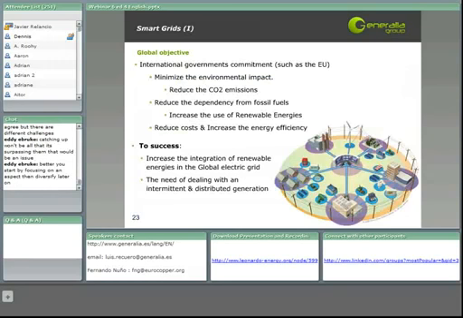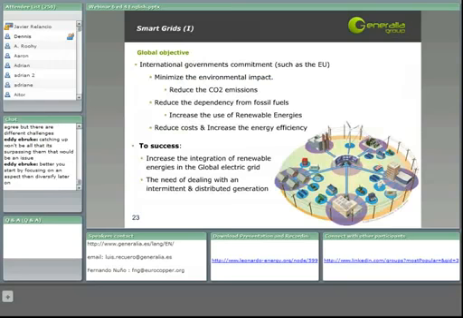Also, in order to improve the final user's efficiency, there is a worldwide project known as Smart Grid. This project has been conceived with a global objective from the commitment of several international governments in the world, such as the European Union, and in collaboration with many other governments.